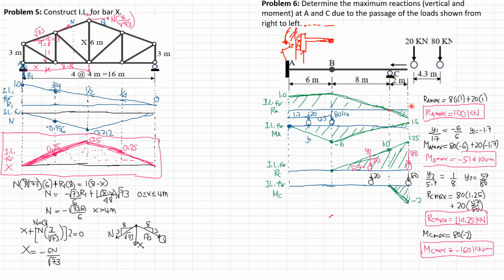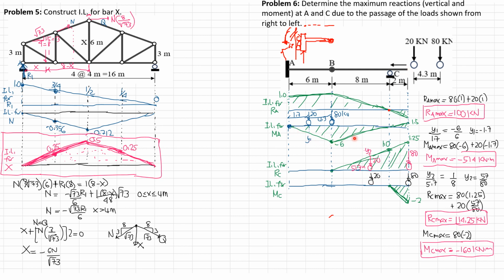And this is 1.5. Even if we solve for the ordinate for moment at A when the unit load is here, we simply sum up moment about C, 0. And take note that R sub C is 1.25 when the unit load is at this end.